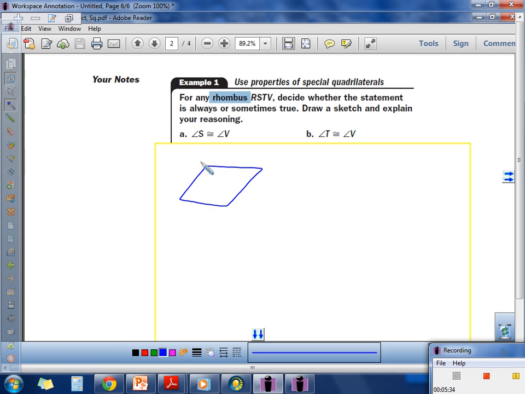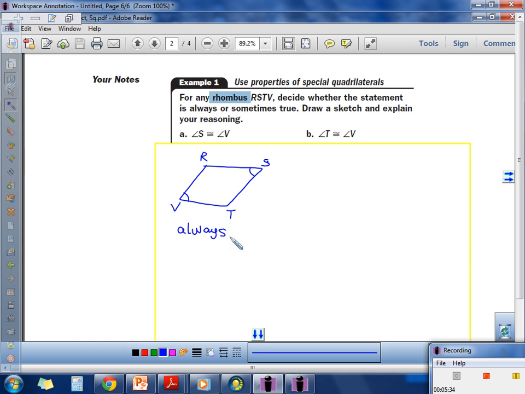If we call it R, S, T, V, we have to describe, will this always or sometimes be true? S and V, will they always be congruent? This is going to be an always. What's the explanation?